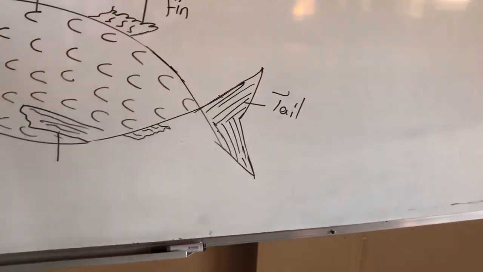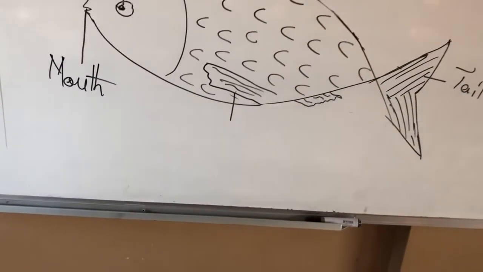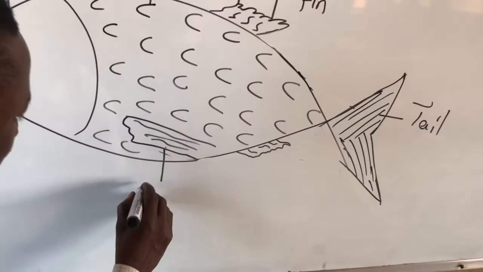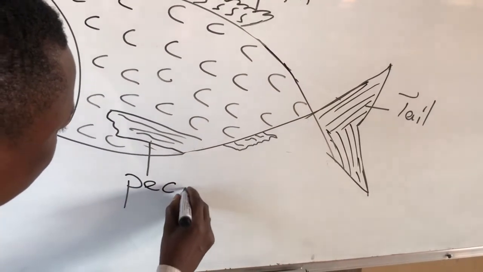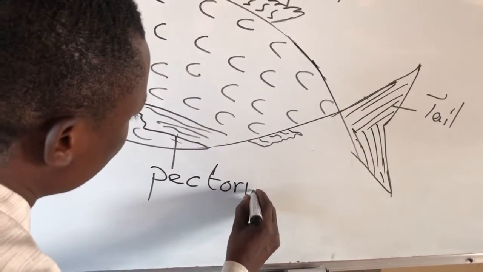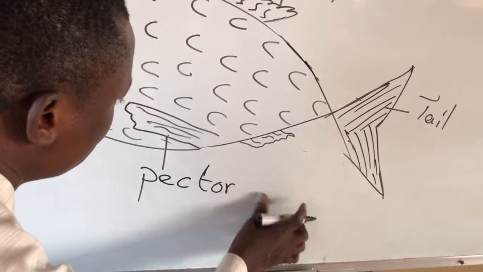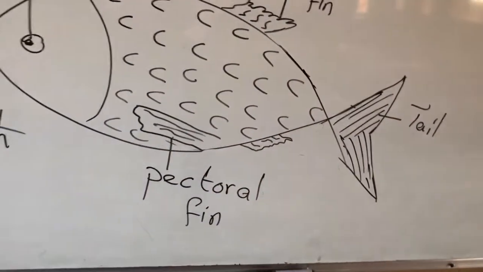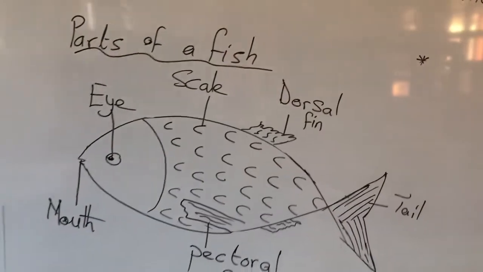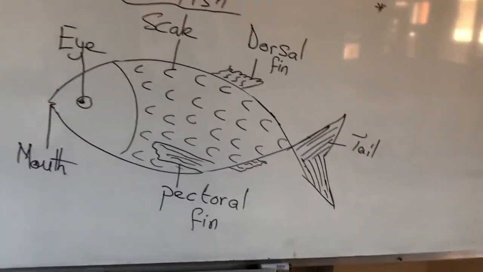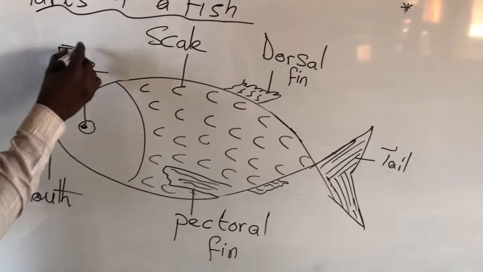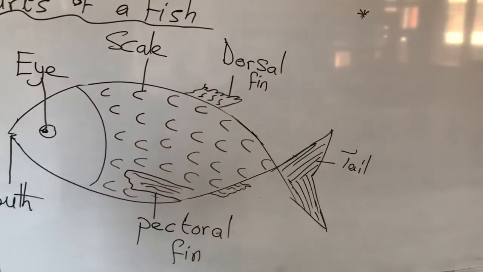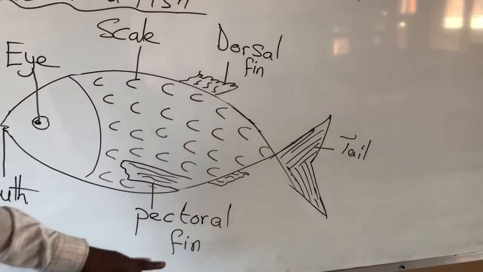Look at it well. And the last one is the pectoral fin. The eye, the mouth, the scale, the dorsal fin, the tail, and then the pectoral fin.